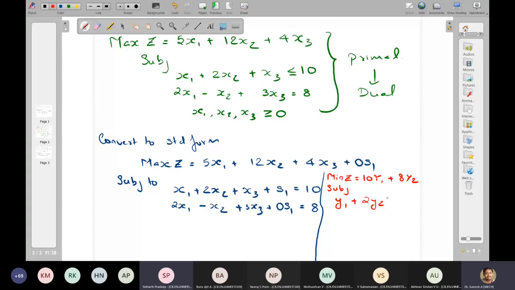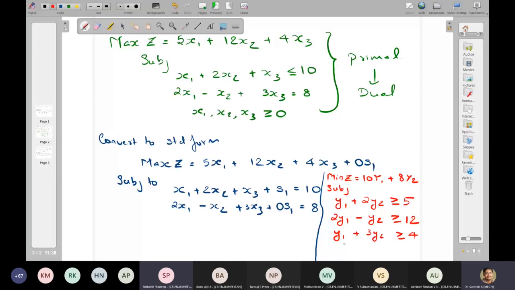Second constraint: 2y1 minus y2 greater than or equal to 12. Third constraint: y1 plus 3y2 greater than or equal to 4. Next constraint: y1, y2 greater than or equal to 0.